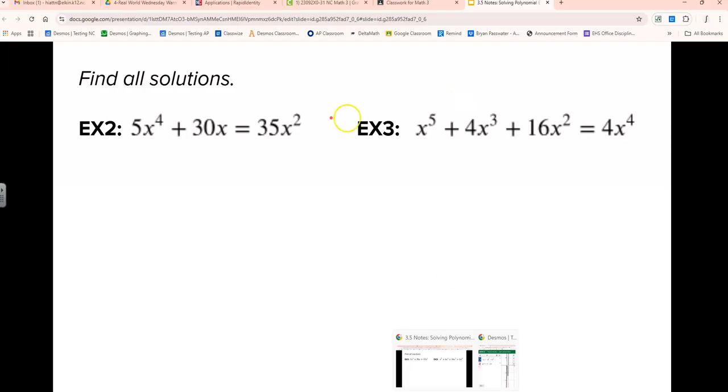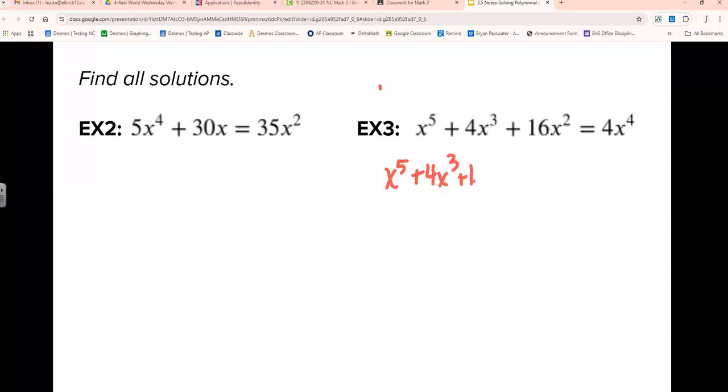So let's look at example 3. Now before I can do anything for example 3, what's the first thing I need to do to that equation? What do we do, Hector? What? Move all those terms. So we're going to have x to the 5th plus 4x to the 3rd plus 16x squared minus 4x to the 4th equals 0.